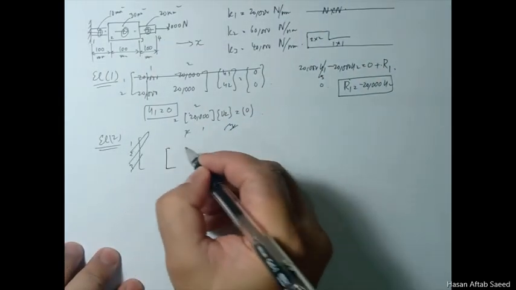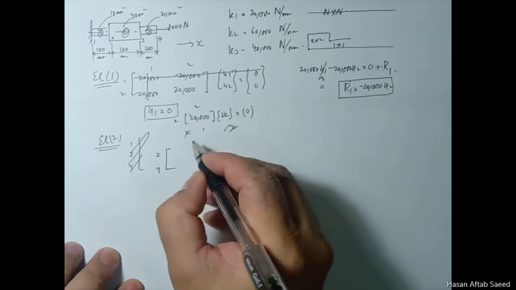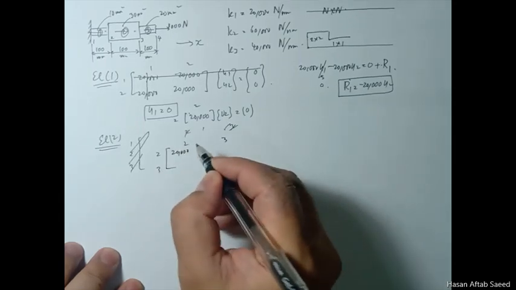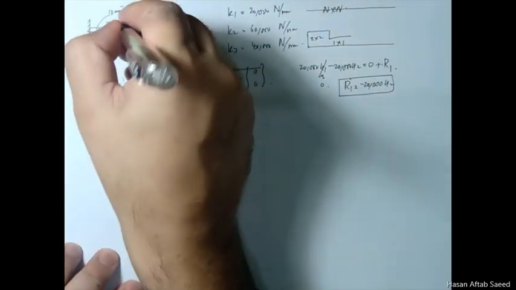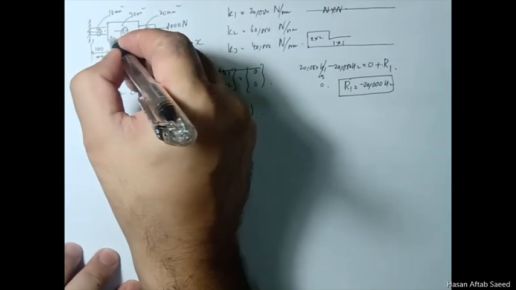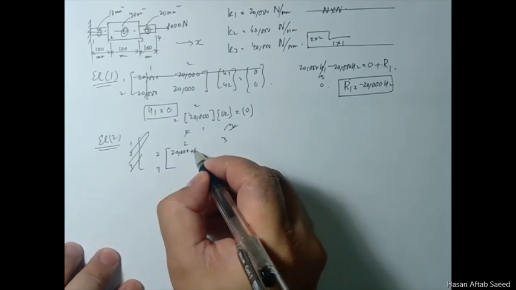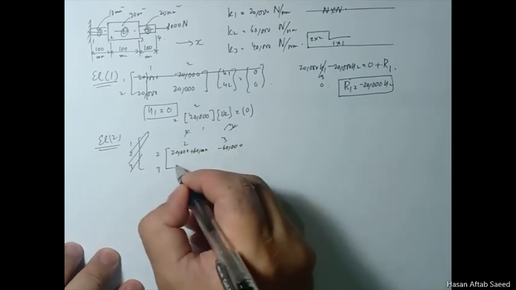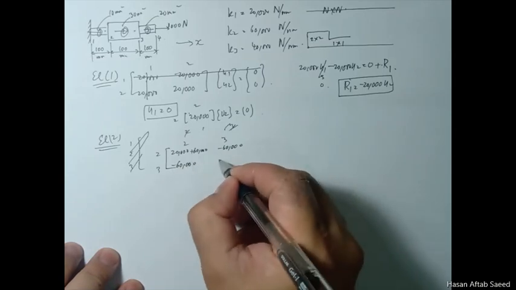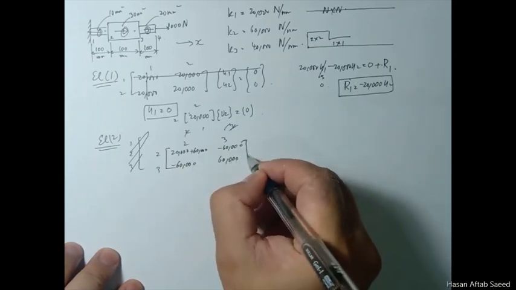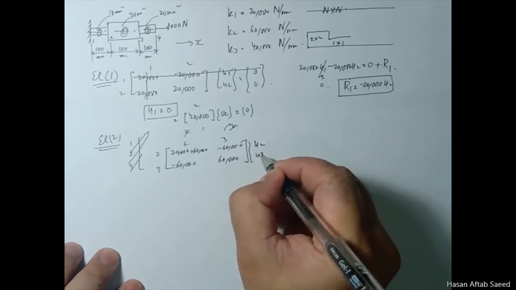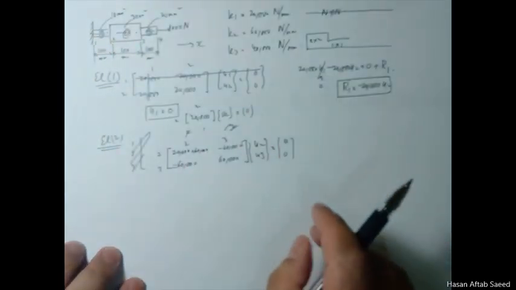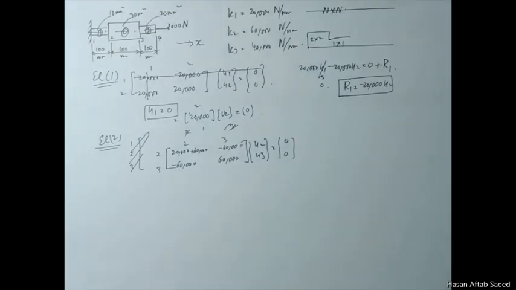So basically we are talking about 2 3, 2 3. 20,000 already there, and here you have this node 2, so plus 60,000, minus 60,000, minus 60,000, and then you have 60,000. u2 u3 is equal to 0. Still no force either at 2 or 3, so we have this.